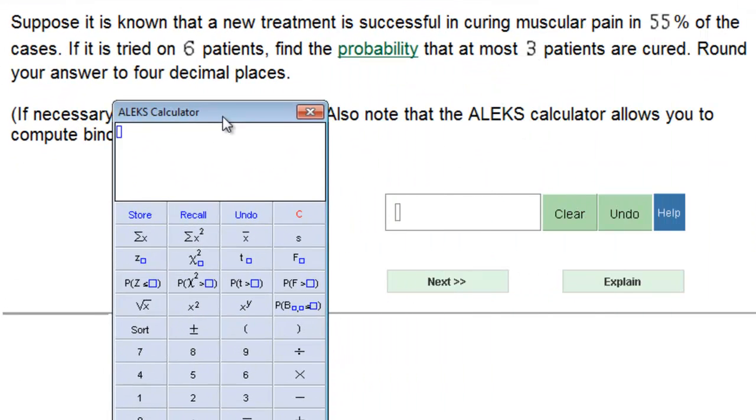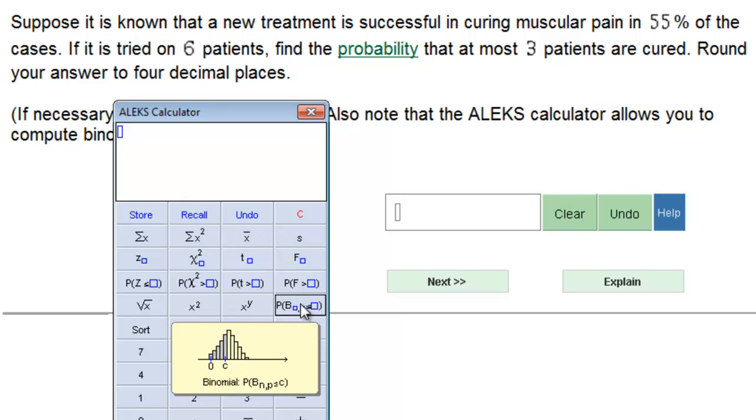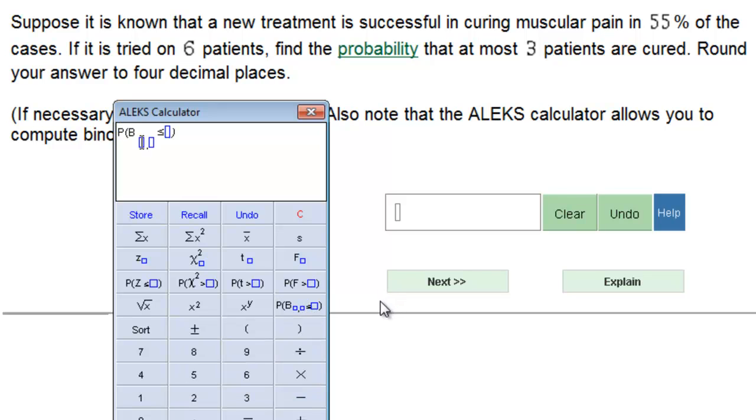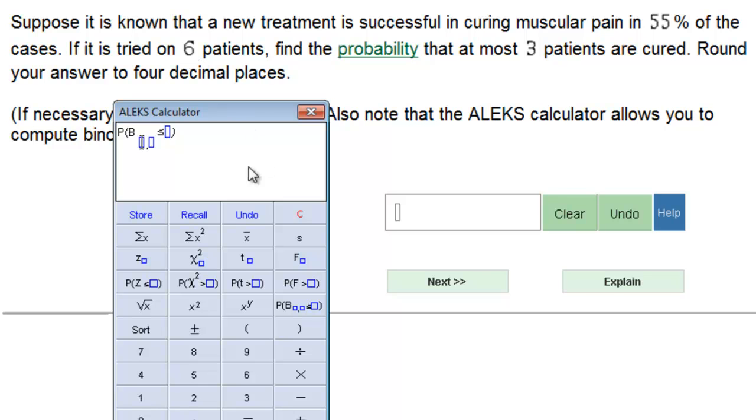On the calculator, over here we have this button right here, and you can see it's a binomial probability. So let me take it out. Okay, this first box, if you look back here, what's for n? N is always the sample size, so n is 6 patients, so I'm going to put 6 there.